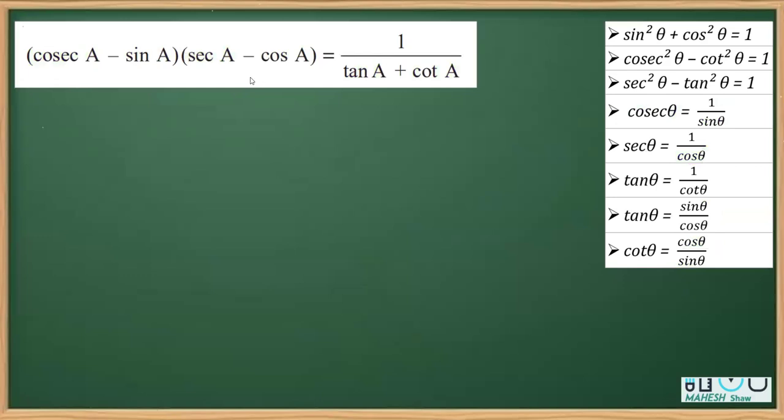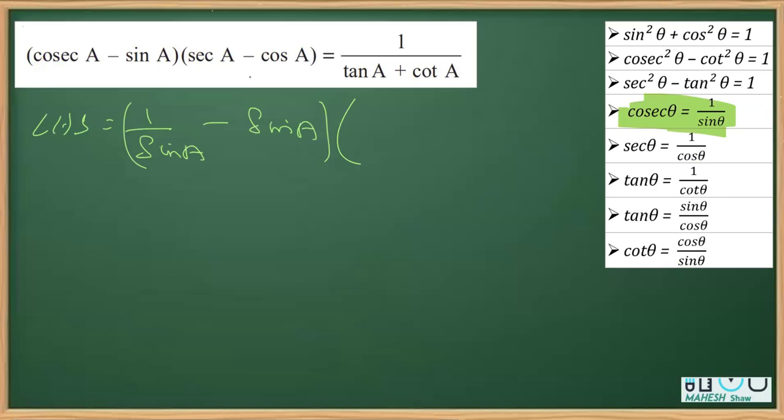Now, let's say if I write the LHS, as I said, I'm going to write it in terms of sine and cos. So using cosec, which is equal to 1 by sine, I'm writing LHS as (1 over sine A minus sine A) enclosed in a bracket.